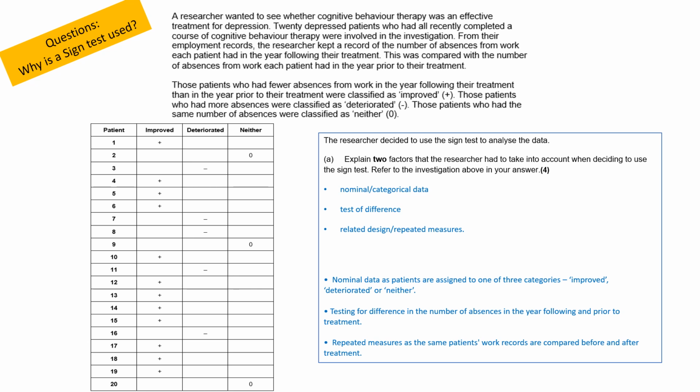We're testing for a difference, so we're looking at the number of absences before the therapy session and after the therapy session. And we're dealing with repeated measures because we're looking at the same patients before and after their therapy, and we're comparing the number of absences.